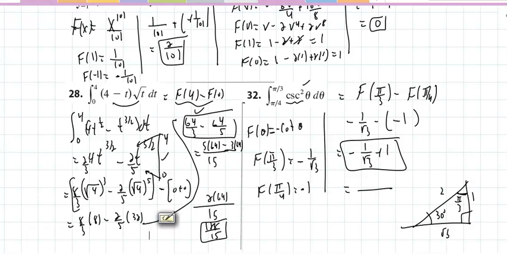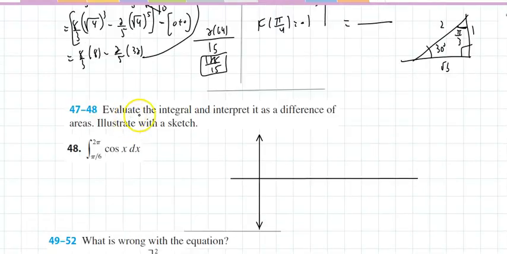But there it is. It says on number 47, evaluate the integral and interpret it as a difference of areas. Illustrate with a sketch. Well, we'll do the sketch in a minute, but for now, wouldn't this be, what do you take a derivative to get cosine? The sine of x evaluated from pi over 6 to 2 pi. Wouldn't that be the sine of pi over 6 minus?